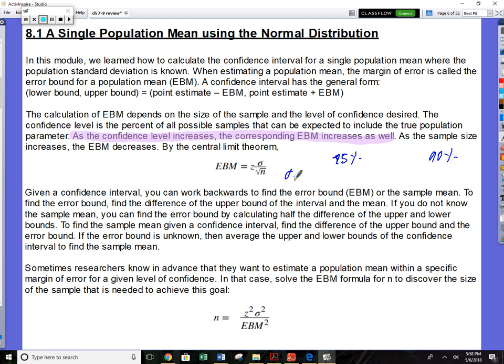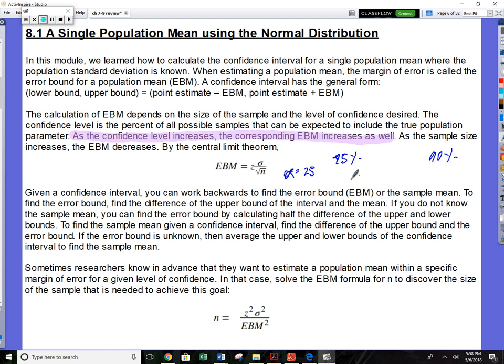Alpha, how do we draw alpha? If I'm 75% sure, then alpha is the percent I'm not sure. It's that 100% minus 75, so alpha is 25%.